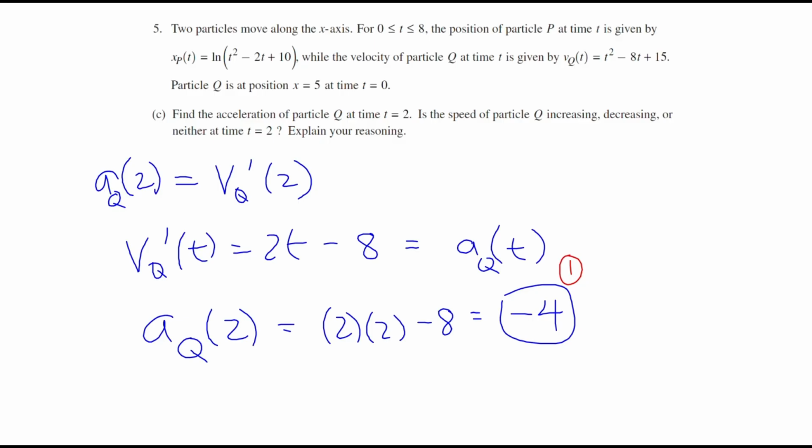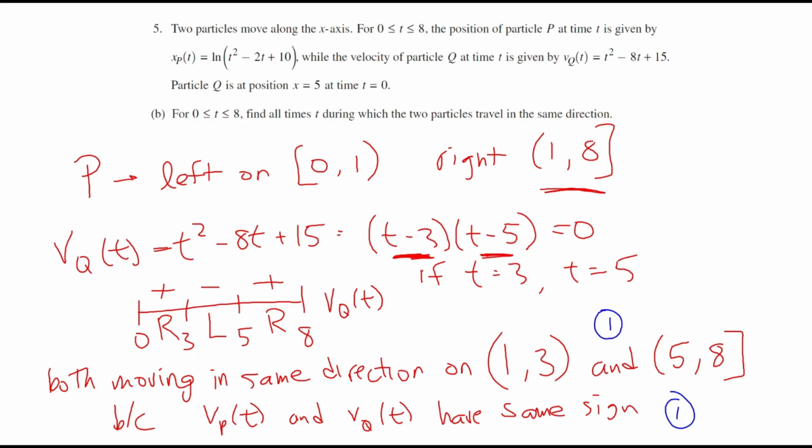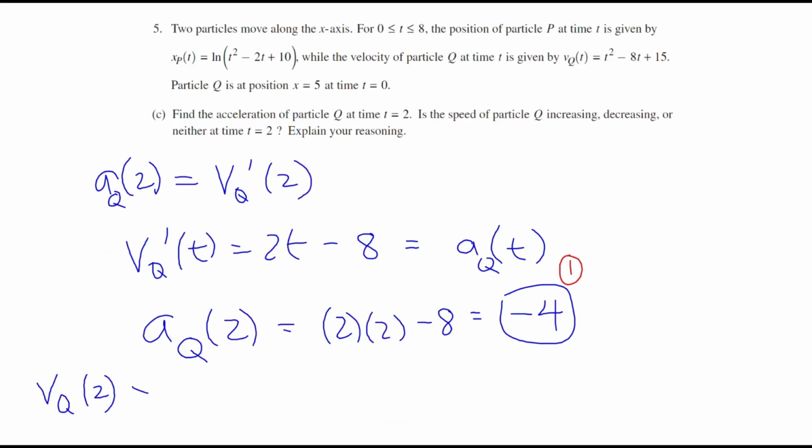So we're going to note that V sub Q of 2, and I don't remember what it was. So if we go back to our chart here, we can look. V sub Q at 2 was positive, right? Between 0 and 3, V sub Q of 2 was positive. And so we're going to say V sub Q of 2 is greater than 0. We don't need an exact value for it.